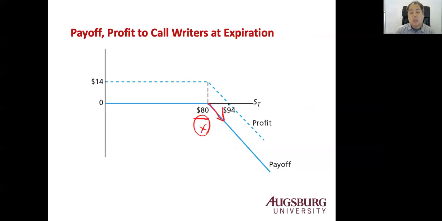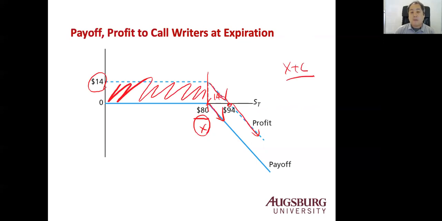Because the holder started to make money. The profit up to the exercise price is simply the $14 call premium. After that, the profit starts to decline, and at $94 they're even, because that's the exercise price plus the call premium. After 94, they start to lose money. So again, this is a zero-sum game.